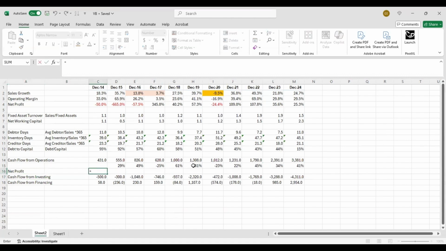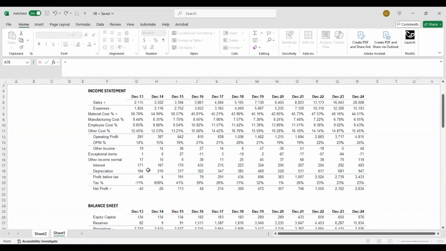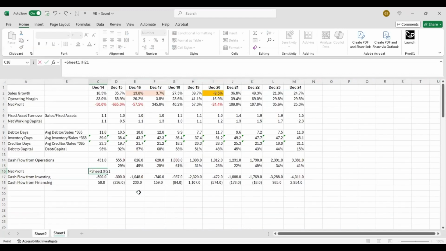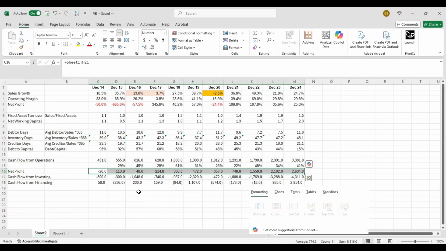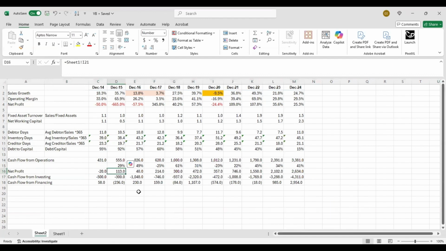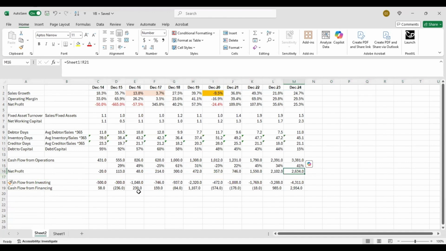So let me link it. I have added a row for net profit, just to make a comparison of how much net profit I'm earning and how much cash flow I have from operations. I carried my formula all the way to 2024, and I see that it's growing at the same rate.